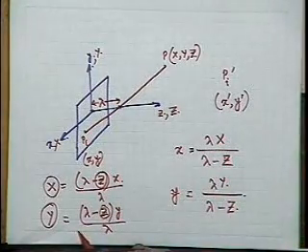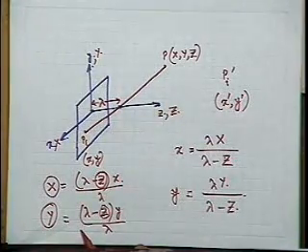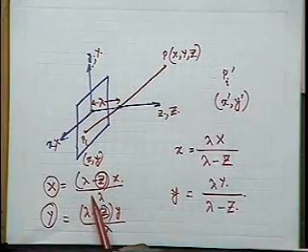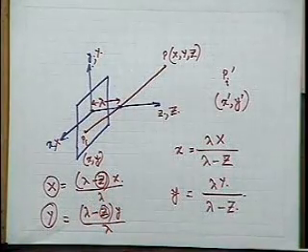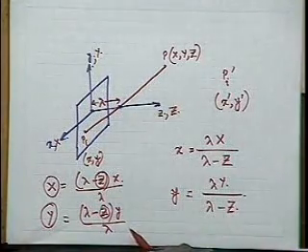In that case, I will be obtaining two similar equations involving x prime, y prime and capital X, capital Y and capital Z. Capital X, Y and Z remain the same, because I am considering the same point in three-dimensional space and just considering its images in two different plates.